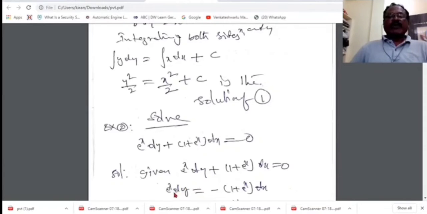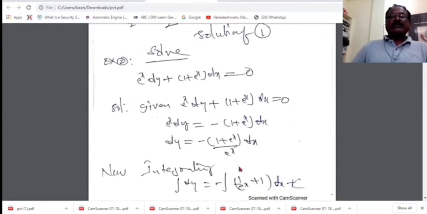Now, e power x into dy equal to minus of e power x plus 1 into dx. That is variable separable. Here variables are x and y. Now, dy is equal to minus of 1 plus e power x by e power x into dx.